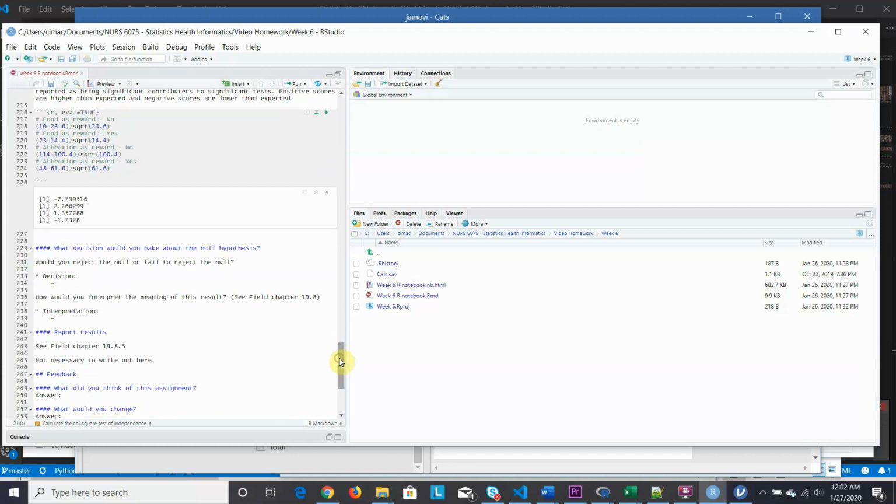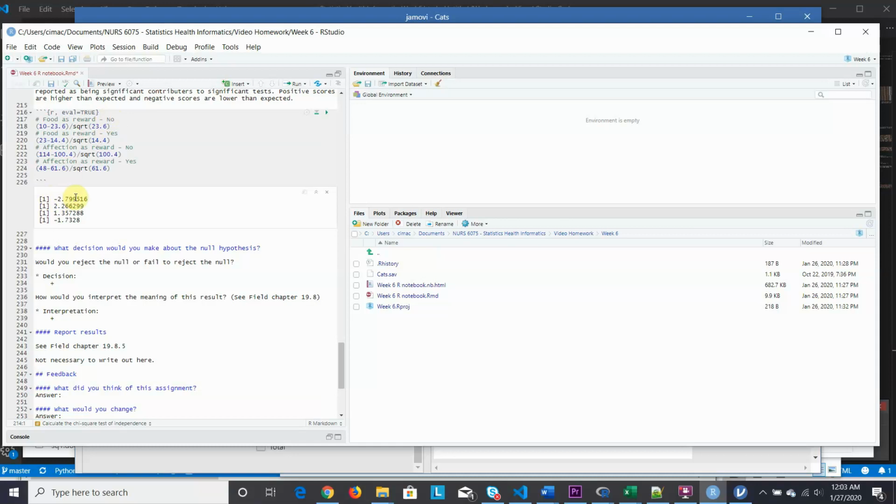And we have those. So what decision would we make about the null hypothesis? We know that our p is less than 0.05, so we would reject the null. How would you interpret that? We can see here on these standardized residuals that food as a reward and no dancing, the standardized residual is almost negative 2.8.